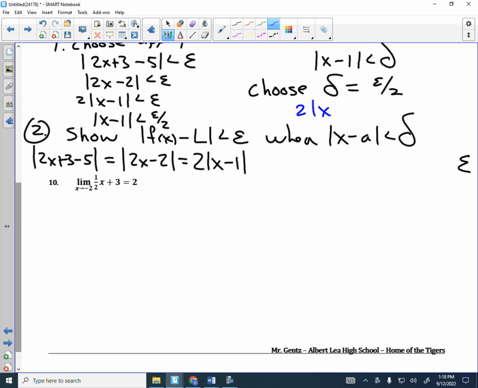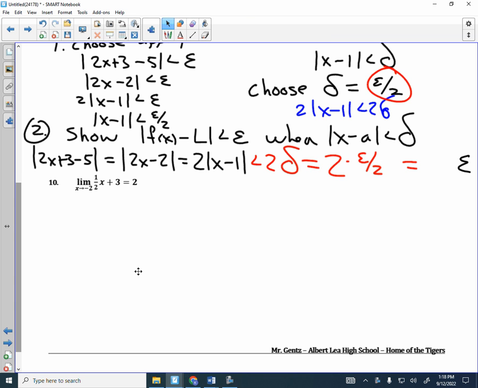So if I just go 2 times the absolute value of x minus 1 is less than 2 delta. So now what do I put in this place? Less than 2 delta. And instead of delta, what do I put in that place? That's exactly it.